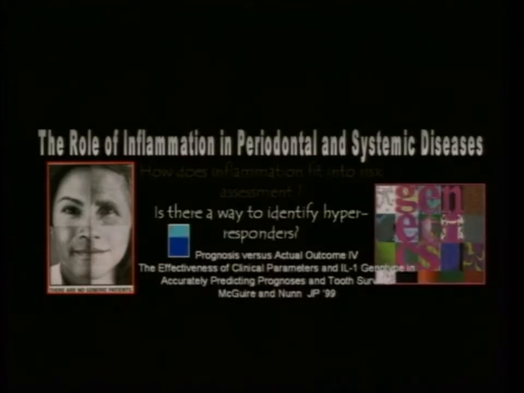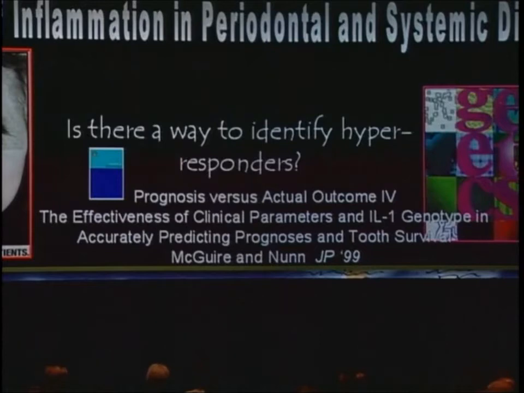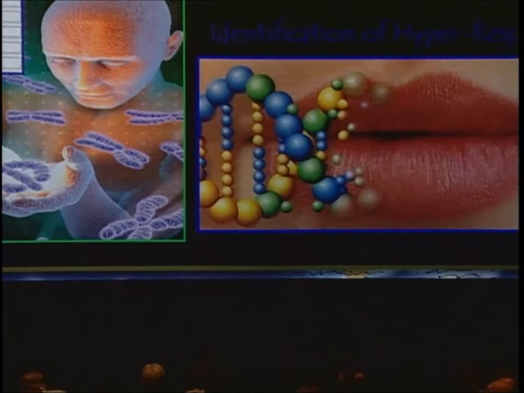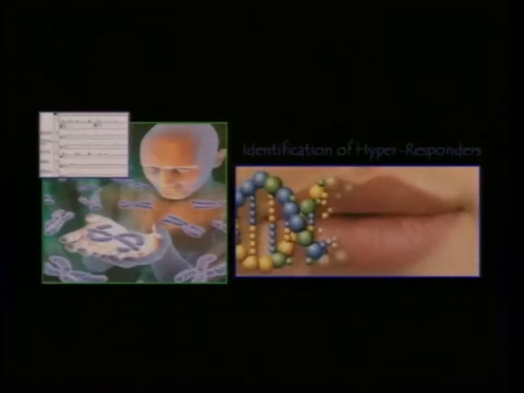There are novel diagnostic tests that allow you to determine if the patient has an IL-1 genotype that will cause the patient to over-respond to plaque. But our studies and many other studies have shown that even that doesn't tell the whole story. But that's not surprising, because if you look at all the genetics right now, genetic testing is at an early stage.